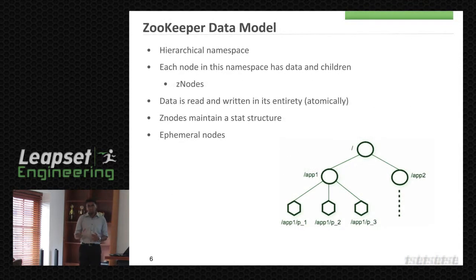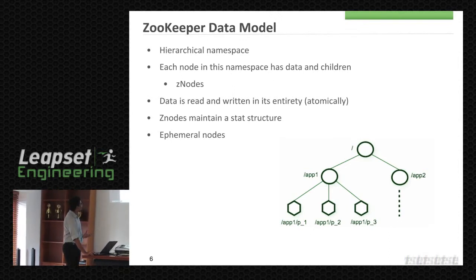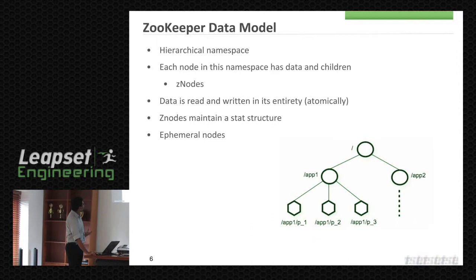So let's talk about the data model. As I mentioned, this data model is more like a file system. It's a hierarchical namespace. You have the root node here, just like a folder maybe, and you create child nodes, and within that you have more child nodes or data nodes. These nodes are called Z nodes, meaning Zookeeper nodes. That's a term you use.